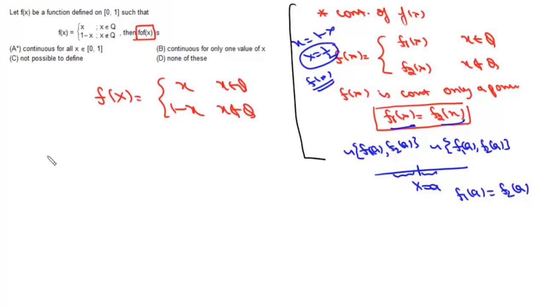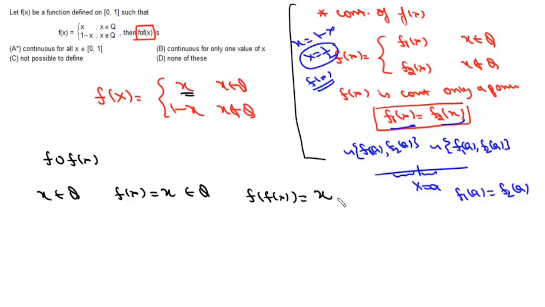Now for this question, we do not need any of this analysis. So in this, what we need to do is find f of f(x). Now when x is rational, f(x) is x, and therefore this f(x) will be a rational number, and if f(x) is rational, then f of f(x) will be simply x.